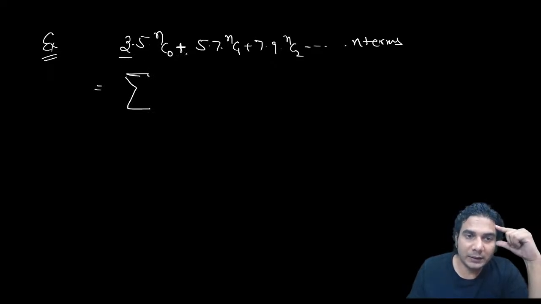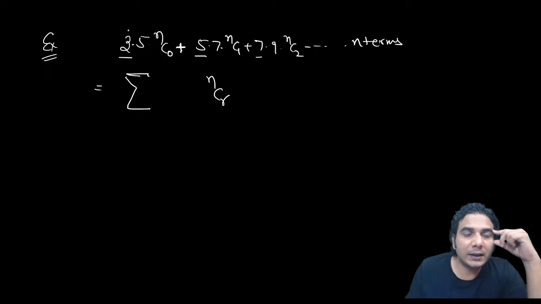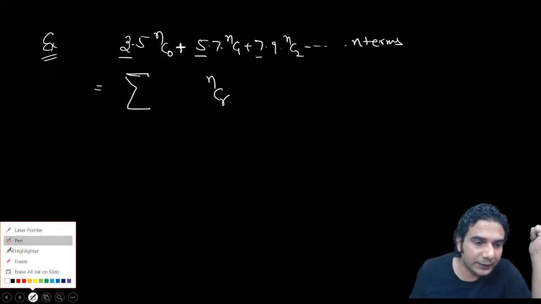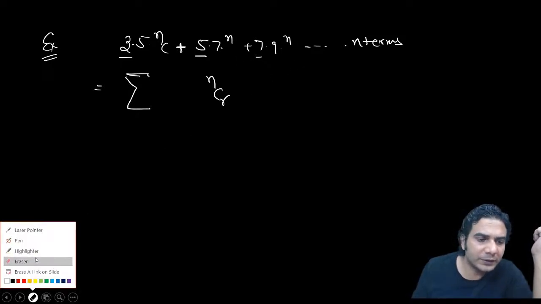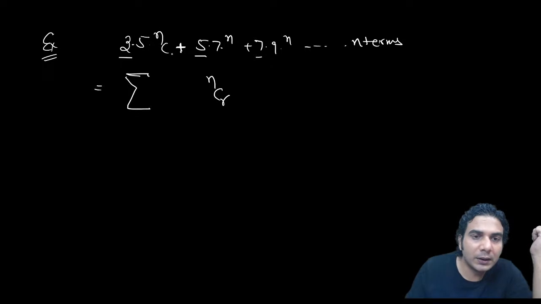Now, what are these numbers? 3, 5, 7. Okay. So in NCR, let me change something here. I'm just making some calculation easy. This is 1, this is 2, and this is 3.